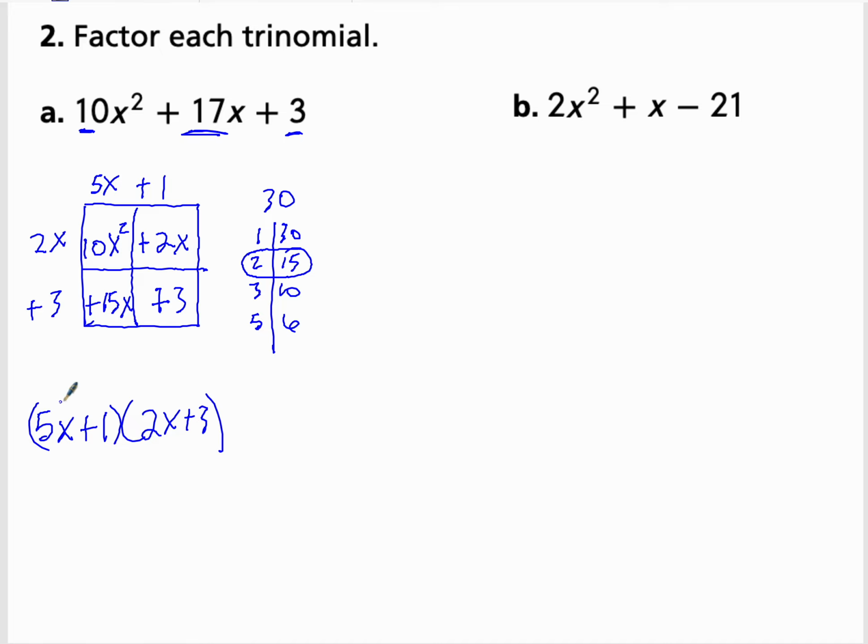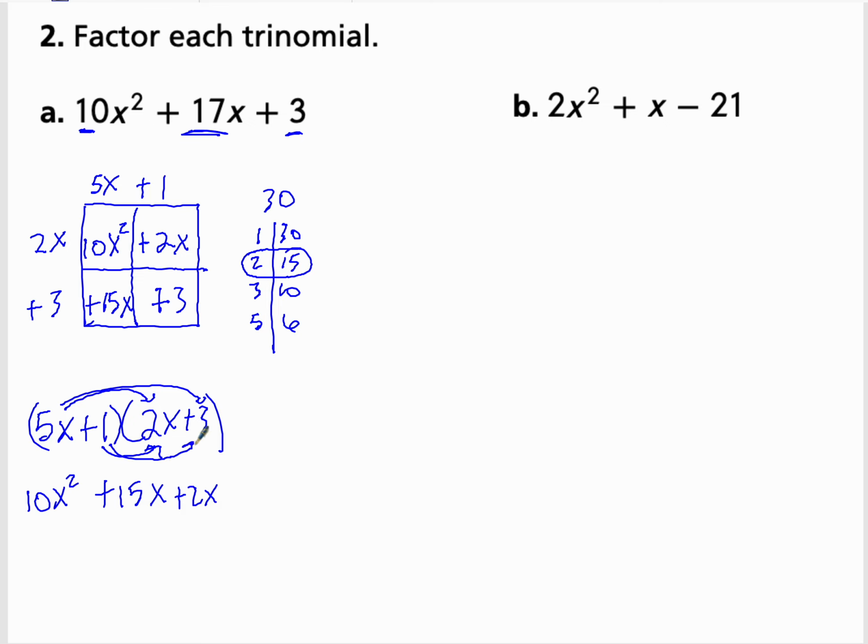So if we were to, I'm not going to make you do this. You don't have to FOIL these and work it back again. But just to show you, 5x times 2x is 10x squared. And then 5x times plus 3 is plus 15x. 1 times 2x is plus 2x.